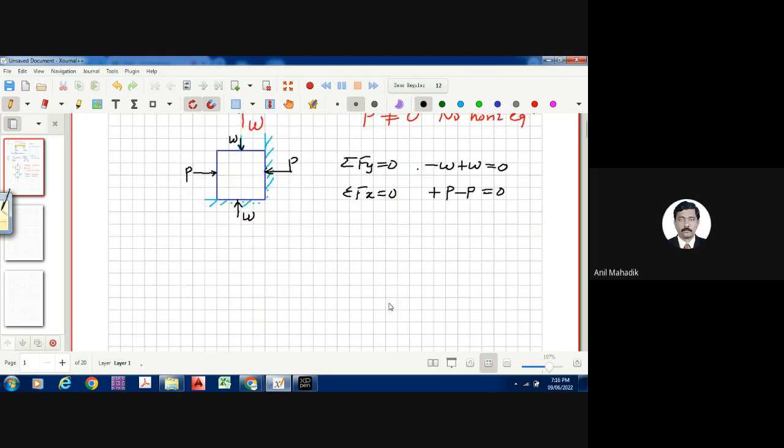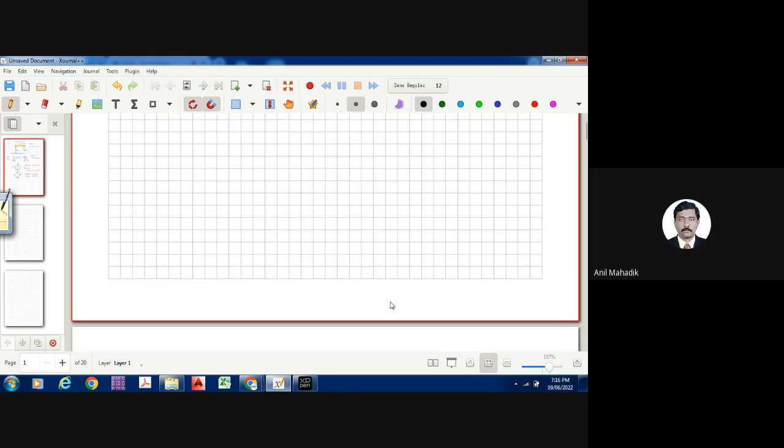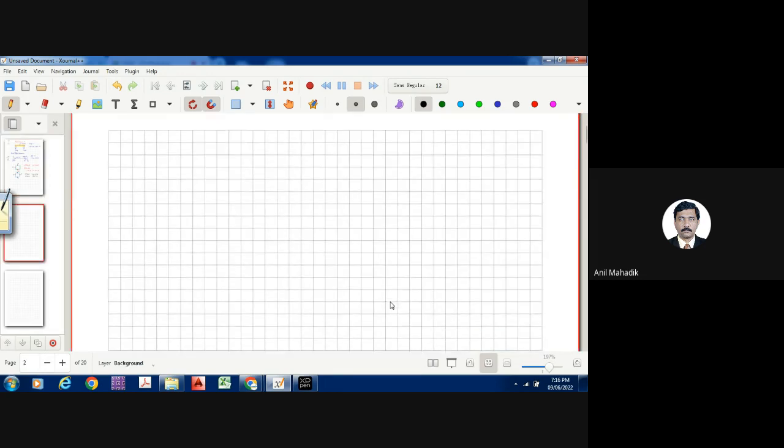Now let's say one more example. This was over with respect to the horizontal and vertical reactions, so we can take one more example. Okay, let's see this. Say we have one block over here, and let's say there is a hole or bolt, we can say.